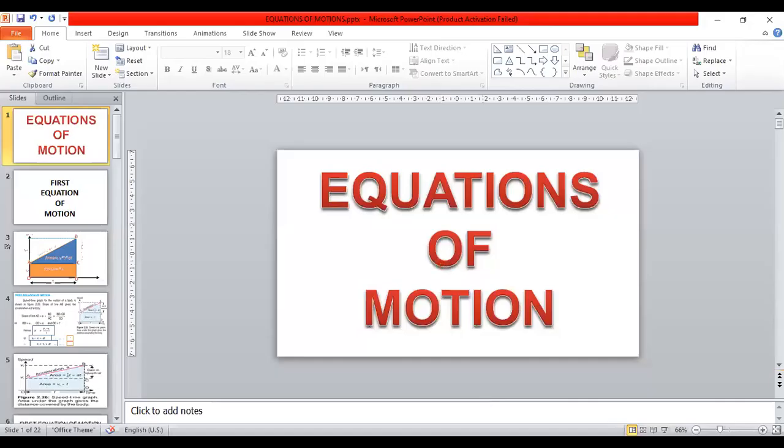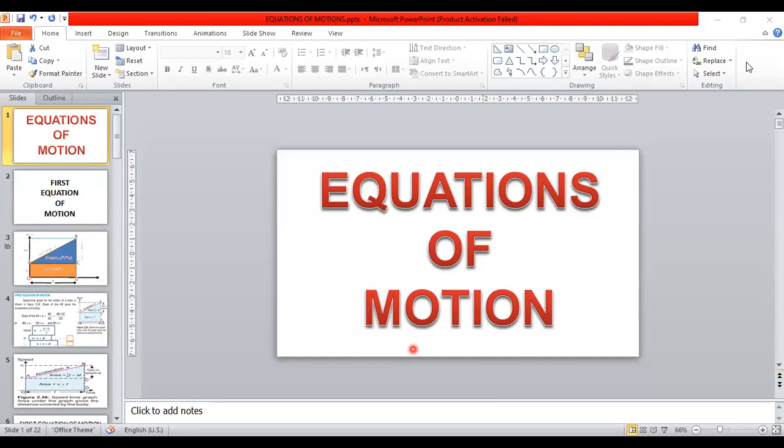Now I will solve the problem that was given as a numerical. Let me share the whiteboard now. So this whiteboard is coming in front of you, and that was the third question as a numerical.